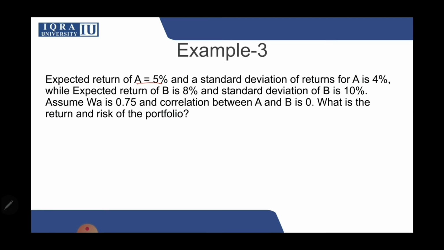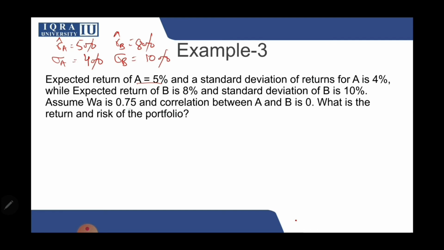So let me just write this down over here, that the expected return for A is 5% and the standard deviation of A is 4%, while the expected return of B is 8%, and the standard deviation of B is 10%.